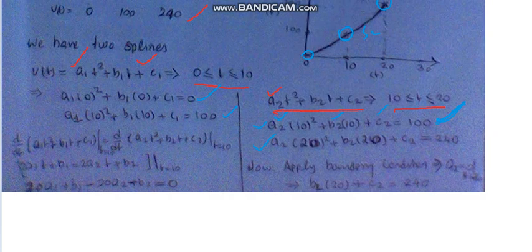If you have n splines, then you will have 3n unknowns. In this case n equal to 2, that is 2 splines, so 3 into 2 becomes 6 unknowns. Okay, 6 unknowns, that is the basic idea. So we have 6 unknowns, but we have only 4 equations here.